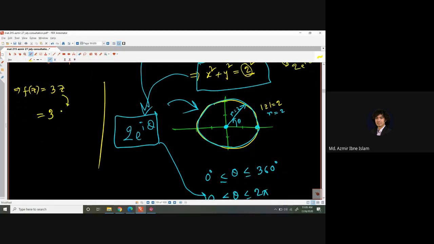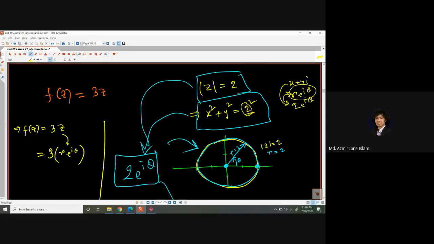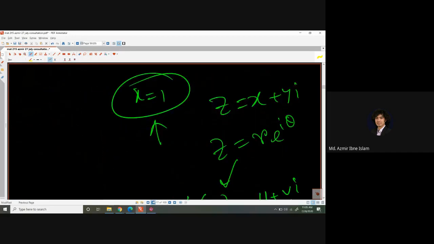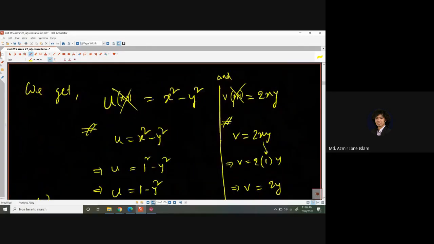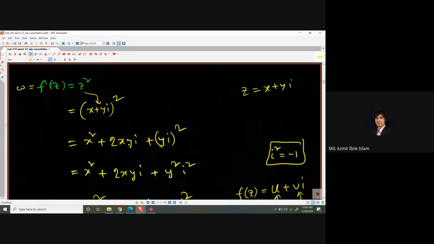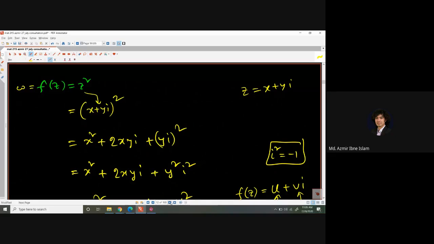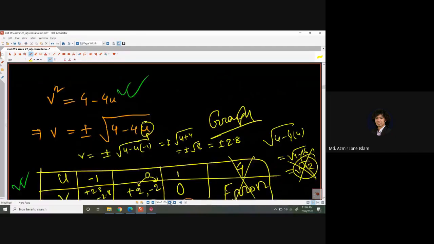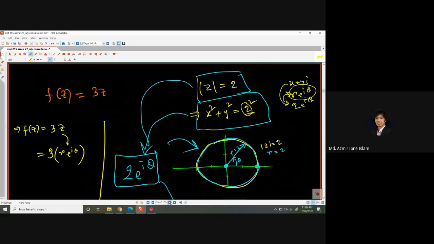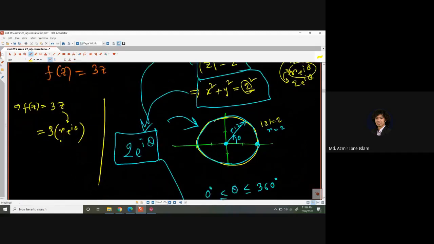So instead of z, now we can write r e to the power i theta. In the previous problem, we input the rectangular form of the complex number, x plus yi, but this time we are using r e to the power i theta.